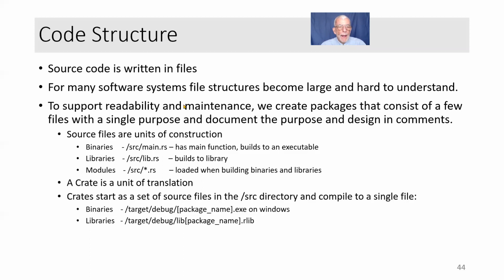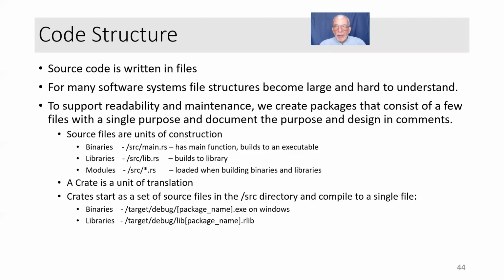So a crate, in binary form, is either a library or an executable. In source form, it's all the files and modules and libraries that go to build that one specific binary or library. When we build a package with Cargo, it sets up a source directory and creates a file called Cargo.toml.